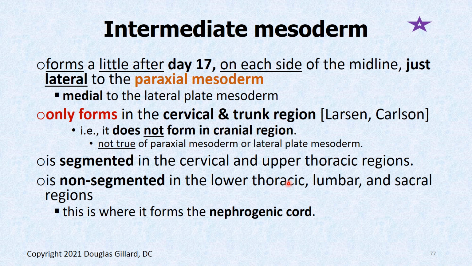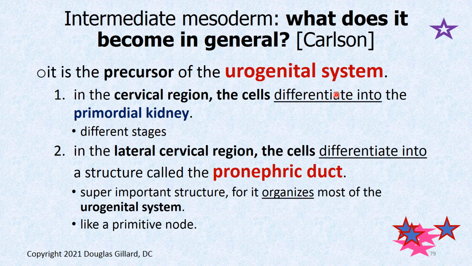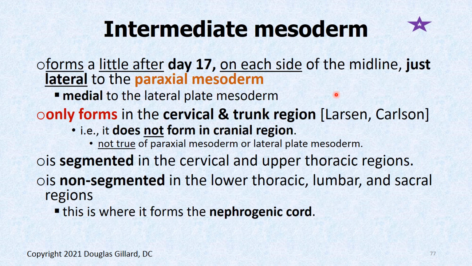What's the big deal about the intermediate mesoderm? What's the take-home message? What does that become, by the way? It's the urogenital system, but I'm kind of jumping around here. About day 17, just to the outside of the paraxial mesoderm, where there are medium amounts of BMP, you get the intermediate mesoderm. And this only forms in the cervical and trunk region.